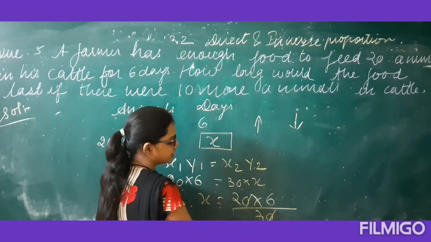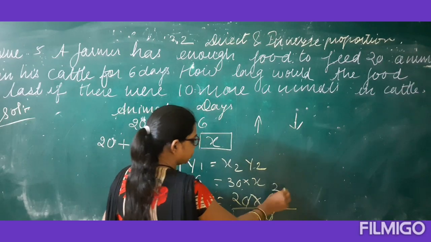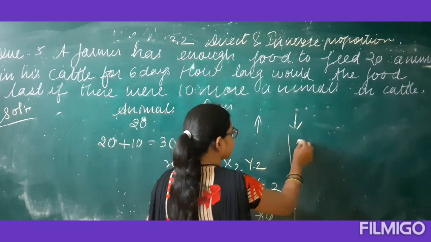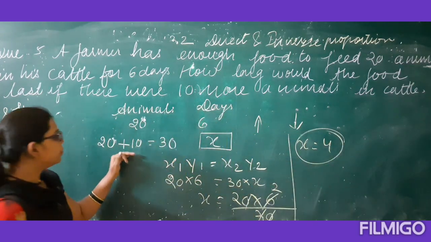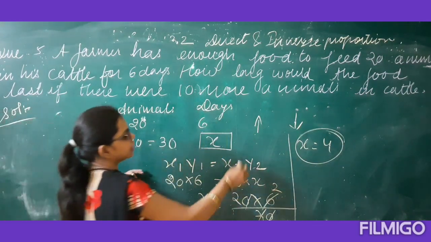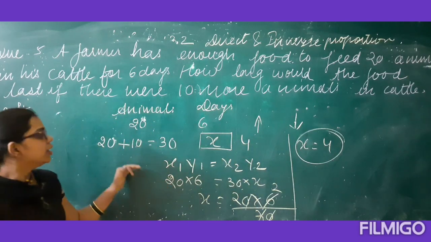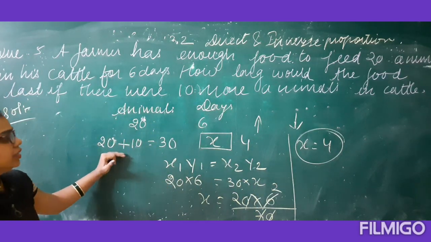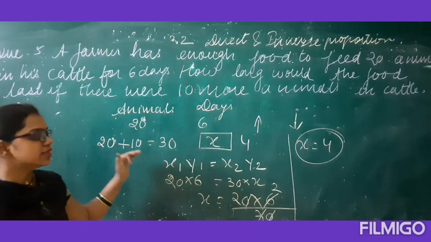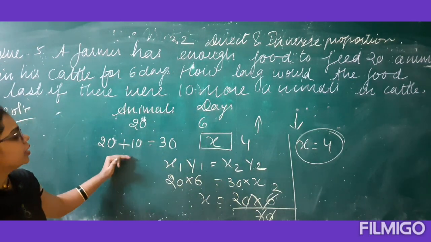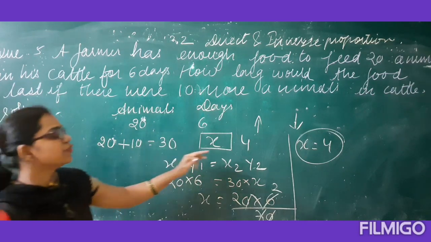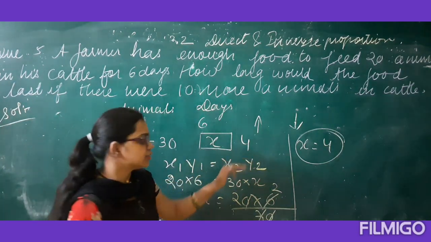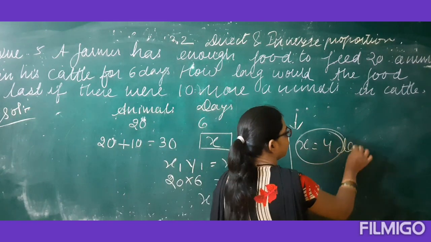This 0 and this 0 get cancelled. 3 1s are 3, 3 2s are 6. From here x is equal to 4. So if the number of animals is 30, the days will be 4. Means if you increase the number of animals, the days will decrease. So this is the condition of inverse proportion. So this food will last for 4 days. Answer is 4 days.